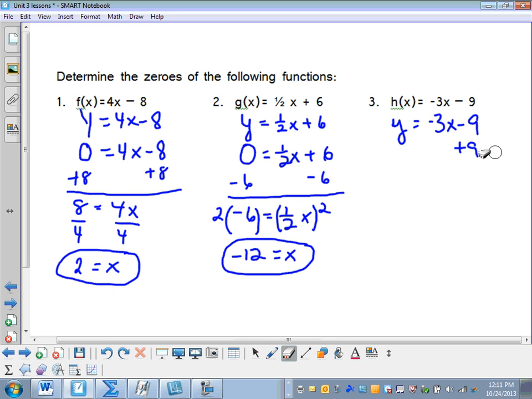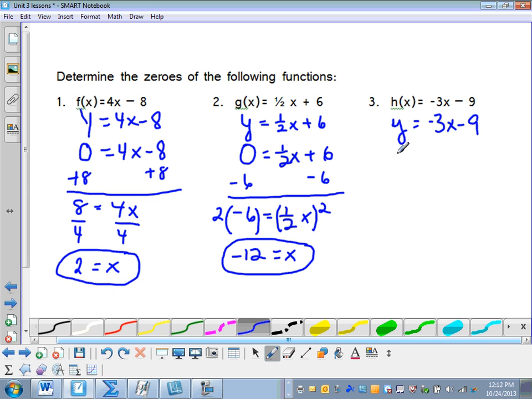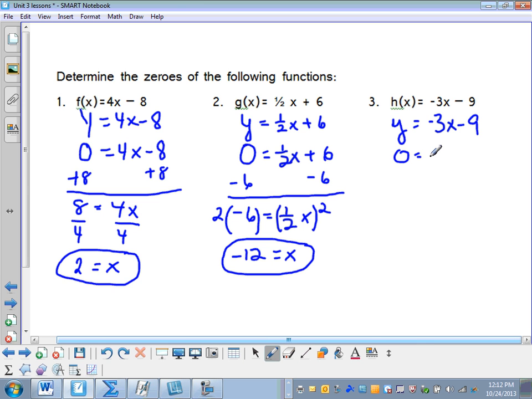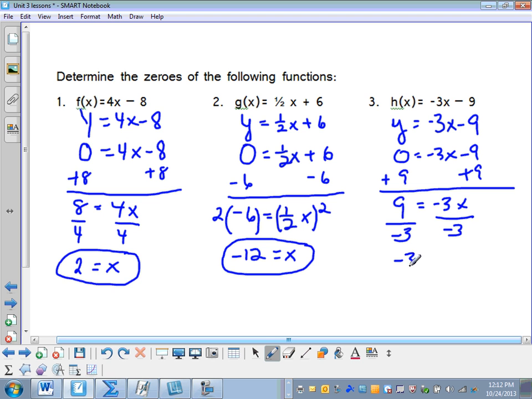Jumped ahead of myself here. So instead of y, we write 0 equals negative 3x minus 9. Now I add 9. X equals negative 3. Negative 3 times negative 3 is 9. 9 minus 9 is 0. Negative 3 is the 0 of that function.